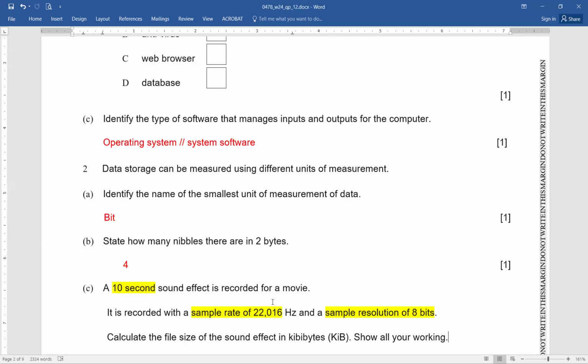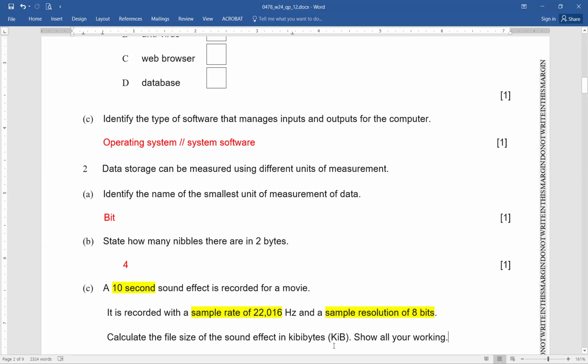So this is very simple. What you need to remember, we actually take these 3 values and multiply them, like sample rate, multiply by sample resolution, multiply by the value in seconds. So these three values will be multiplied and the result will be in bits.